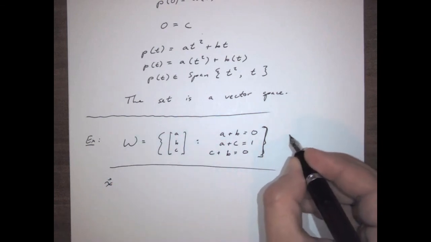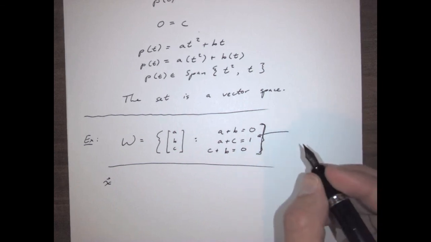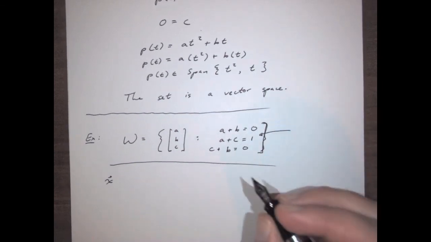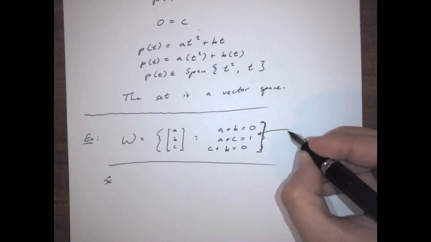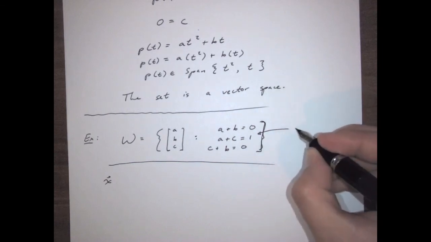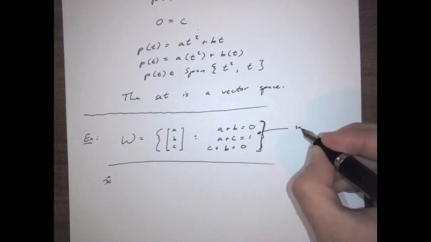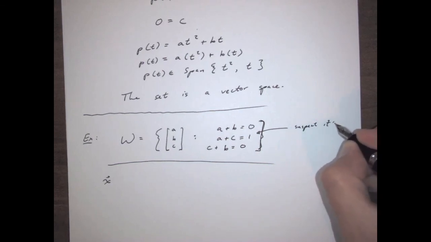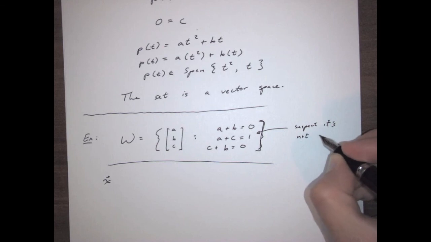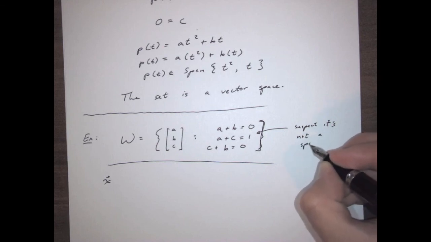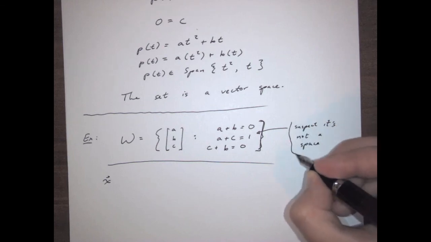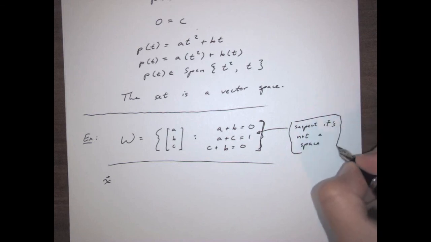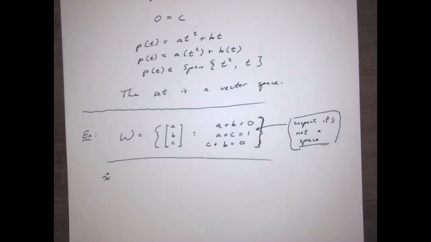I'm suspicious because I see a number. When you see a number that's not attached to a letter, this makes me suspicious. So I suspect it's not a space because of that non-zero constant.